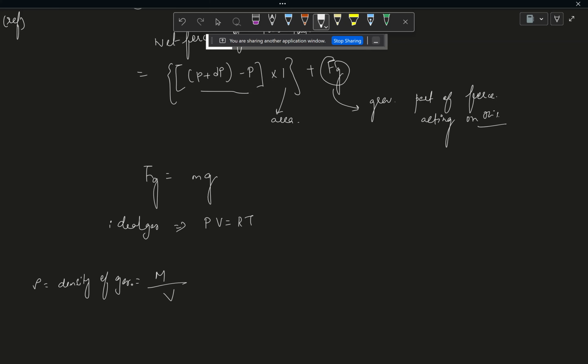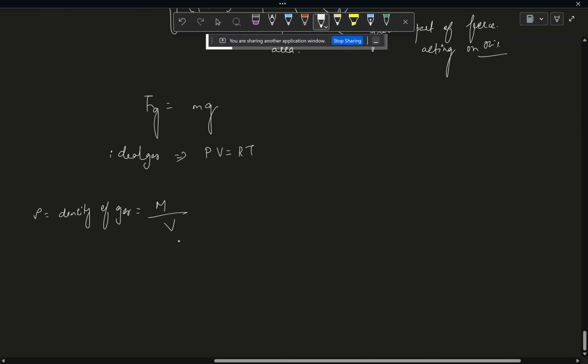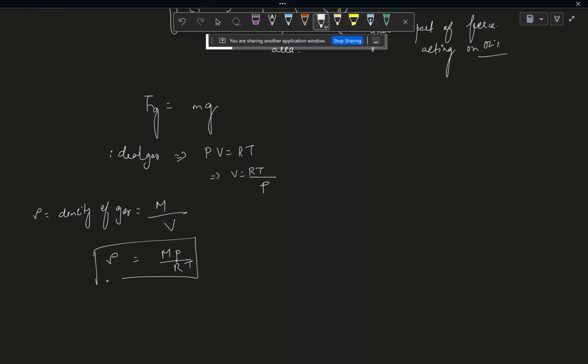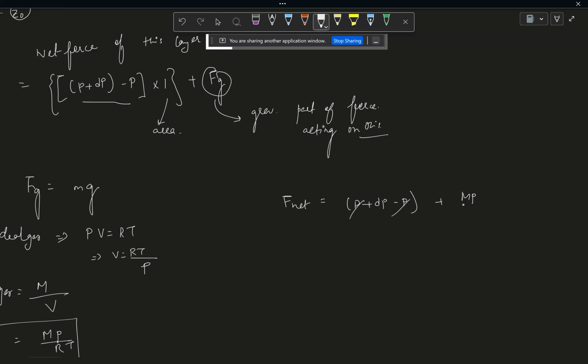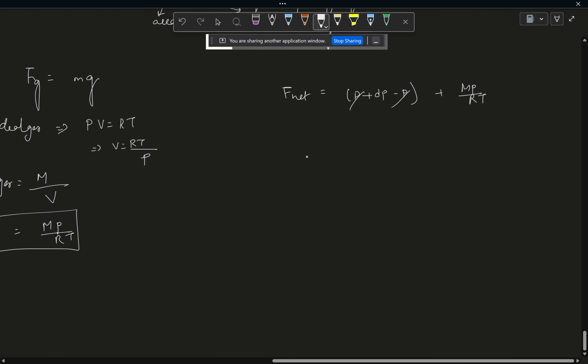And V you can write from here as RT by P. So the density of the gas, M by V, is MP by RT. And the net force F net is simply P plus dP minus P, so P and P cancel out, plus Fg, which is MP by RT.